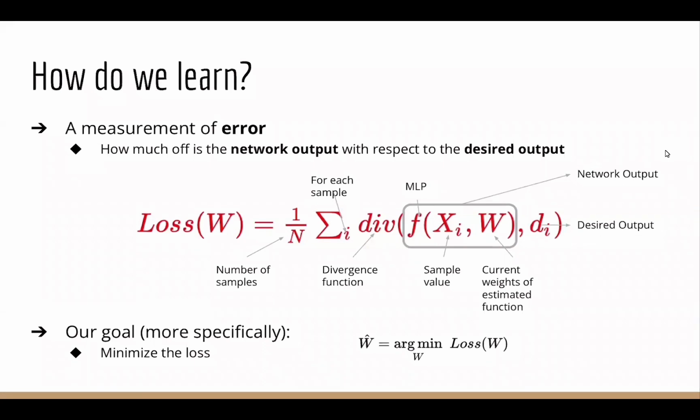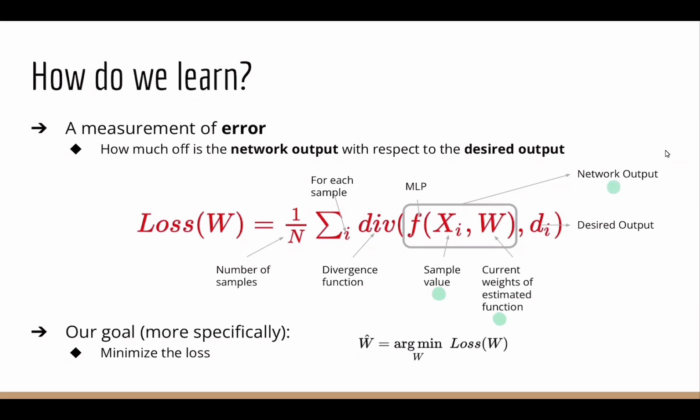Cool, let's take a look at how to calculate this loss function. So here we have the sample value x, which is the input of the multi-layer perceptron, and w, which is the set of the weights for the estimated function. Given the structure of the MLP, we can directly get the output of the network.